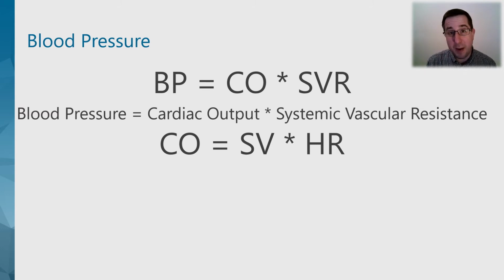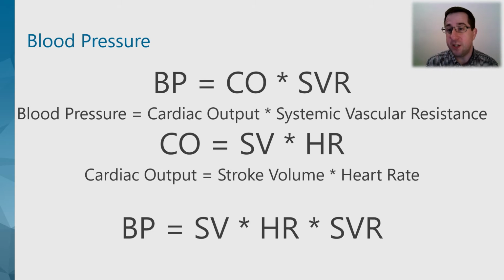We've talked about the stroke volume and what makes up stroke volume, and we've talked a bit about heart rate. So we can now expand those equations to say that blood pressure equals the stroke volume, the amount of blood that comes out of the heart in a single beat, times the heart rate, which is the number of beats per minute, and then times the resistance to the flow of blood, the systemic vascular resistance. And these are all aspects that make up blood pressure.